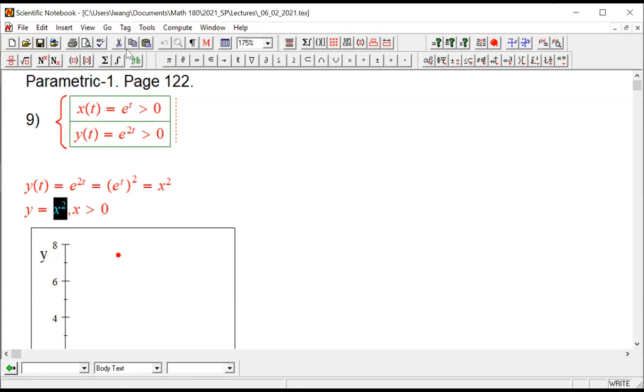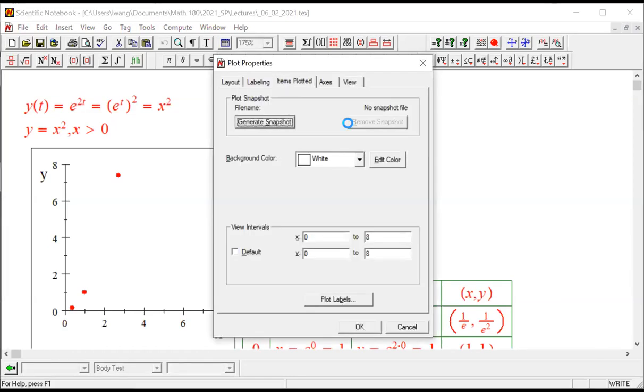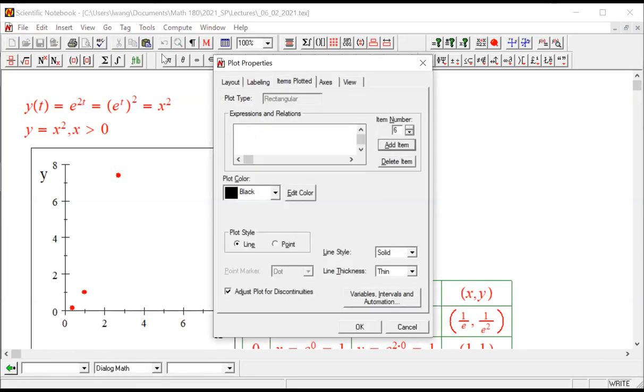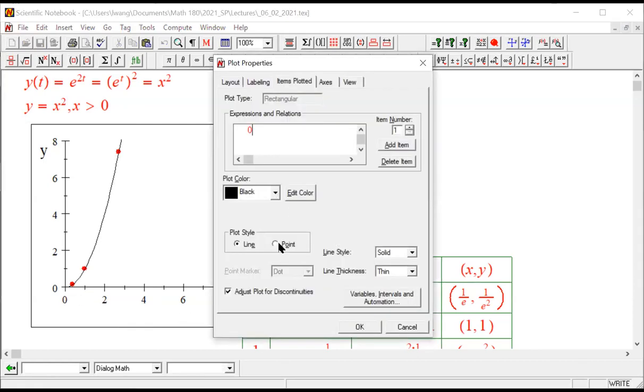So when we finally graph this function, of course we know this function. This function is just x squared. Who doesn't know x squared, right? And we connect the dots. But this specific curve we're drawing will never touch the origin.